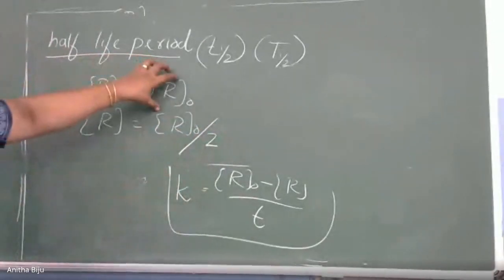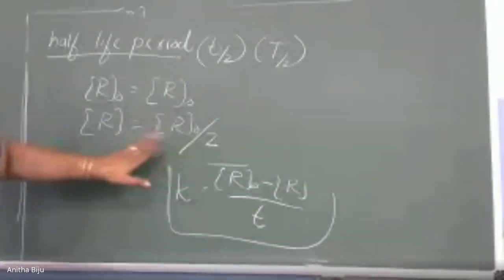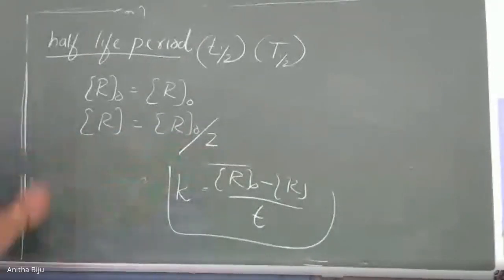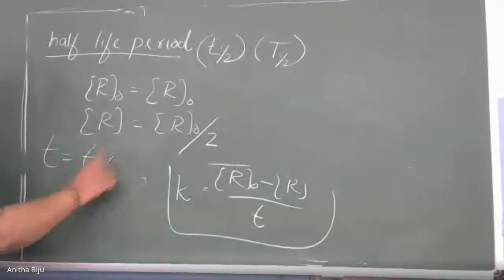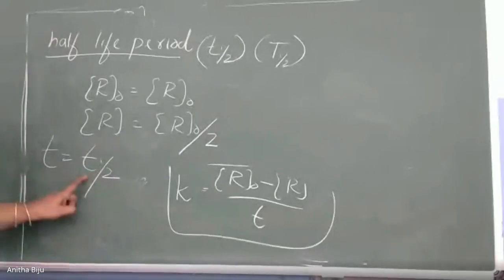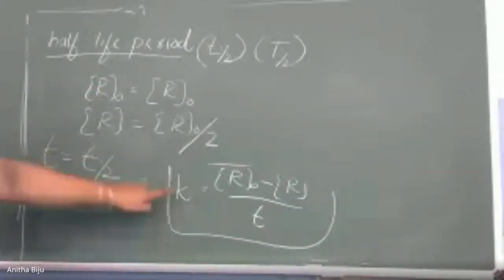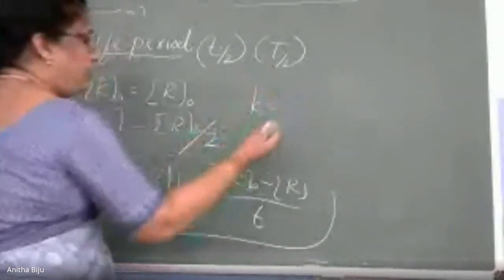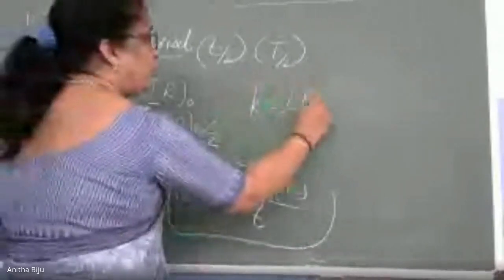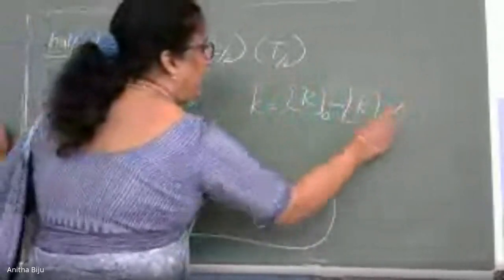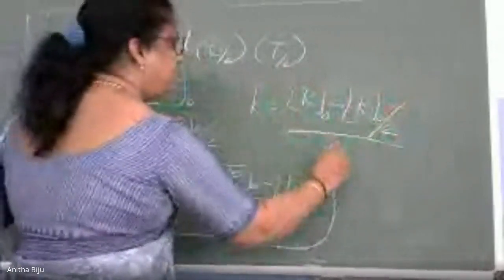Because we want the time taken to reduce it to half. So R is R naught by 2, and T is equal to T half, that means the half-life period. When we substitute these values in this formula, K is equal to R naught minus R, that means R naught upon 2, divided by T half.